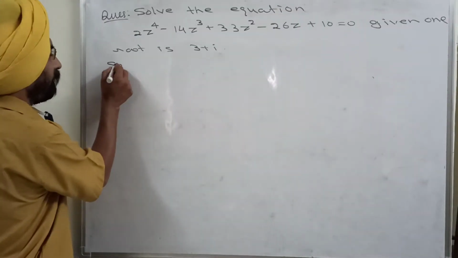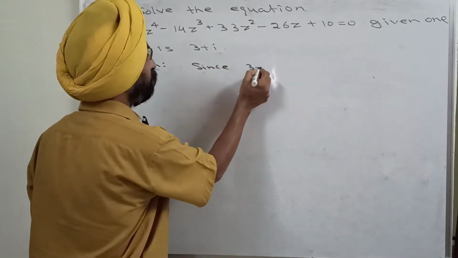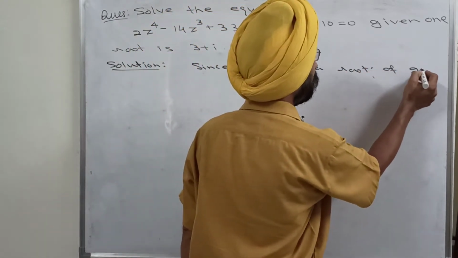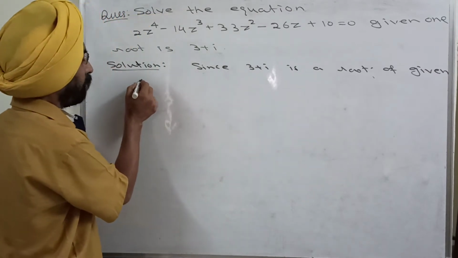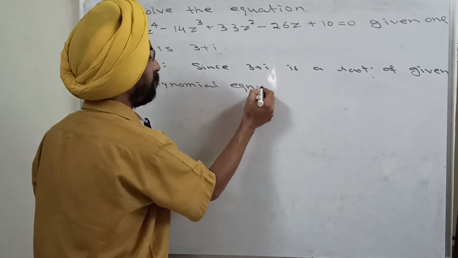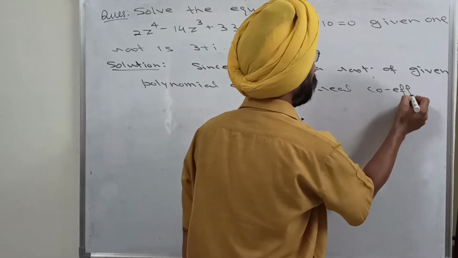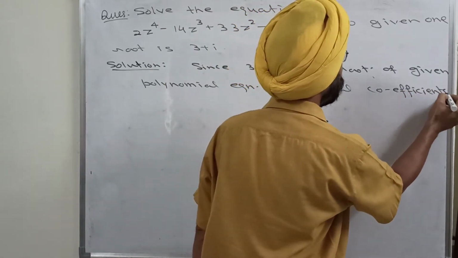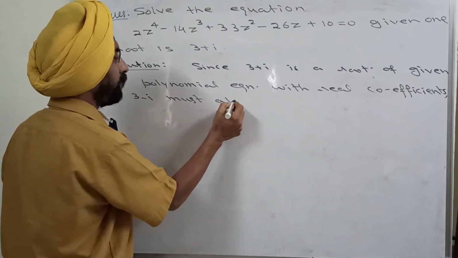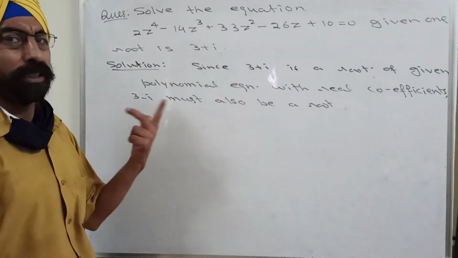So for the solution, since 3 plus iota is a root of the given polynomial equation with real coefficients, 3 minus iota must also be a root.